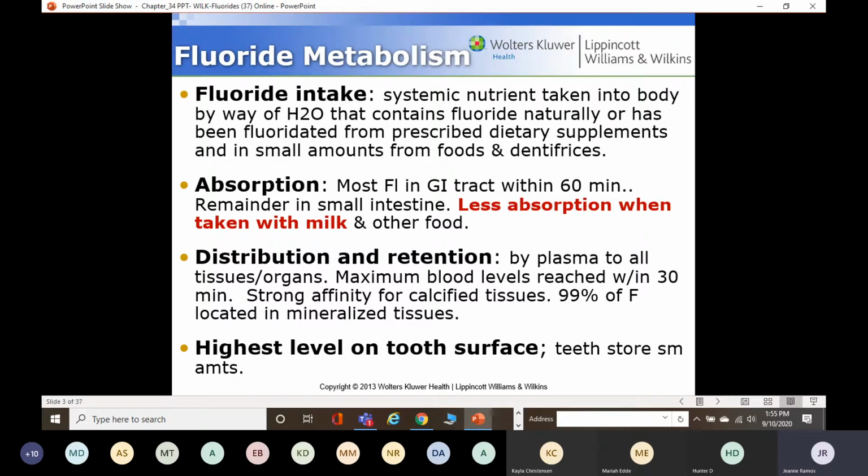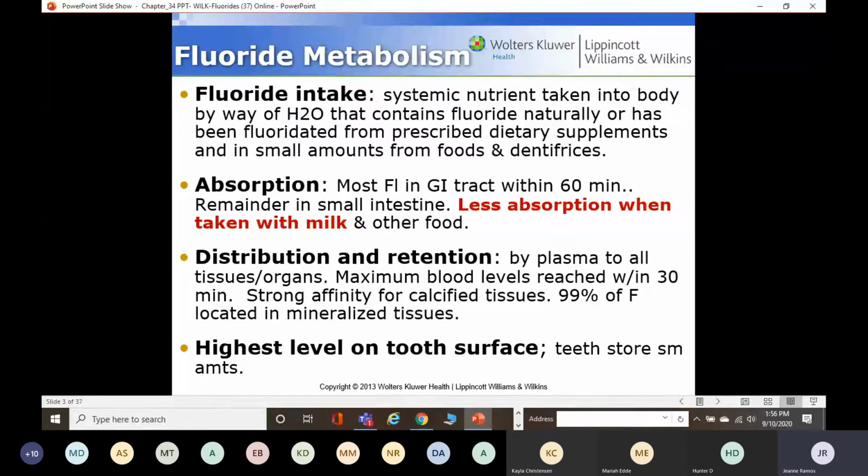So milk binds with the fluoride and makes it less productive. So if anyone's taking any fluoride supplements, don't take it with milk. It's not even just milk, it's dairy in particular.